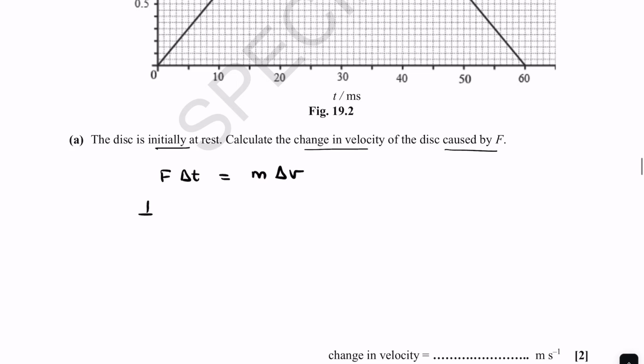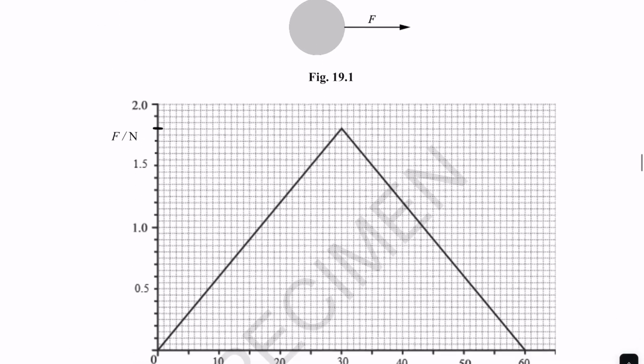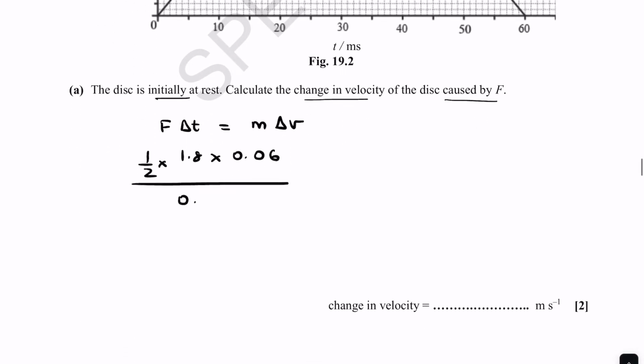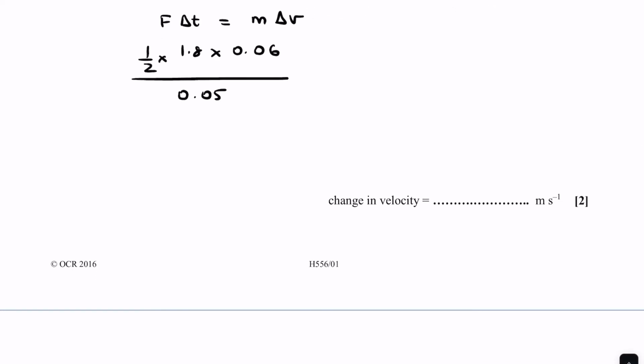So half times 1.8 newtons times 60 milliseconds, which is 0.06, divided by the mass, which is 50 grams, so 0.05, and that will give me a change in velocity of 1.1 meters per second.